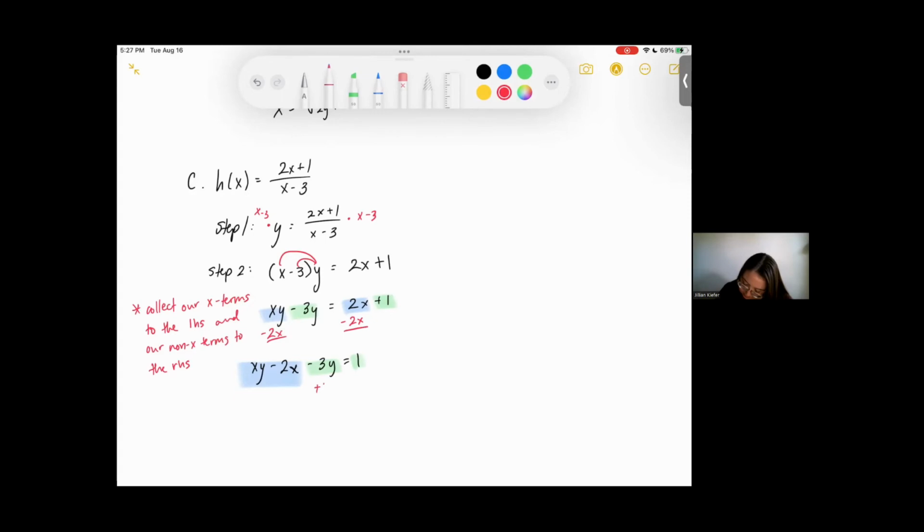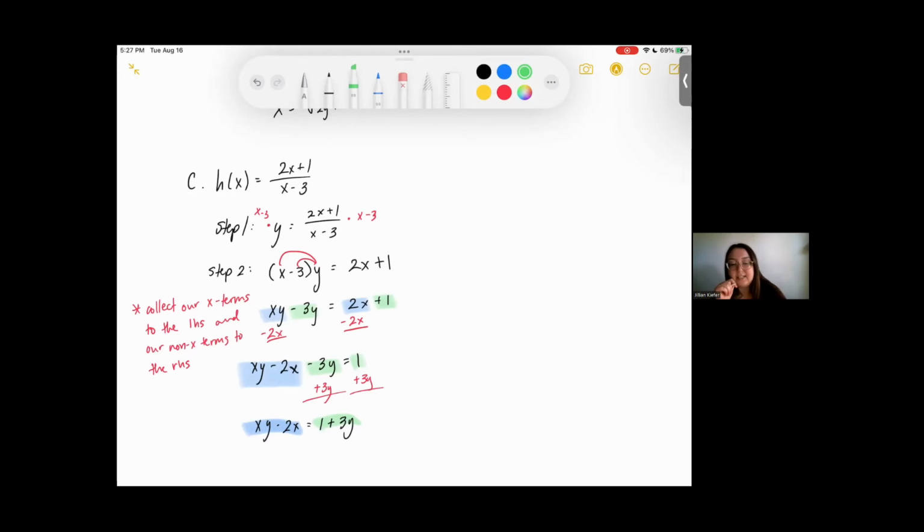We'll add 3y to both sides. Now we've got xy minus 2x is equal to 1 plus 3y. So now we see we have x terms on one side and non-x terms on the other. This is what we wanted at this point, and we wanted this because of what's about to happen.